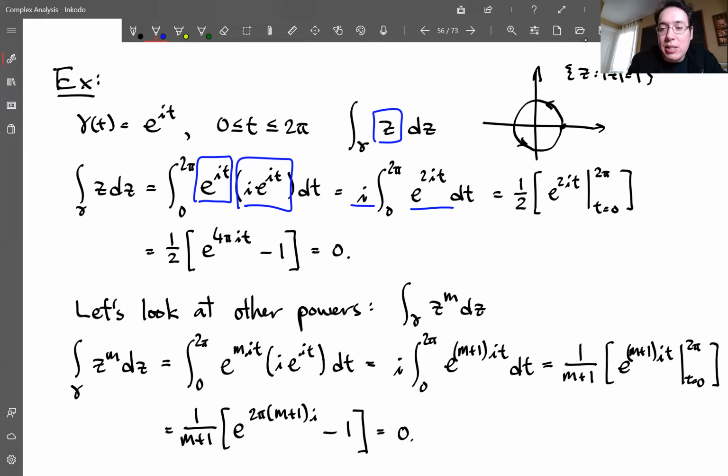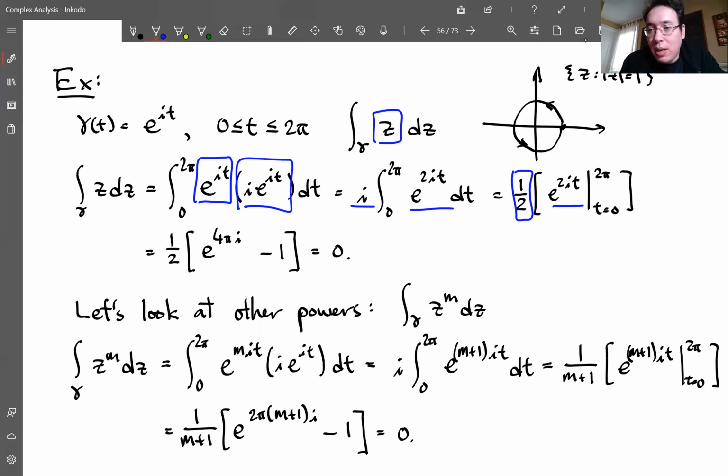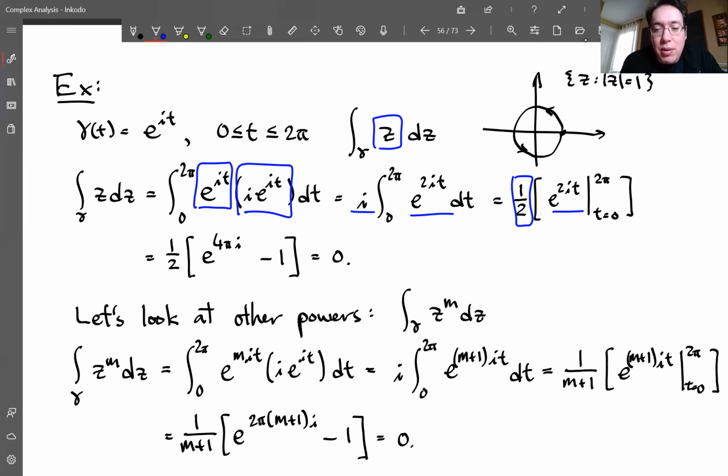So i cancels out, but we still have 1/2. And then when we plug in 2 pi and 0, well, e to the 4 pi i is equal to 1. So 1 minus 1 is 0. Okay, so this time the integral turns out to be 0.